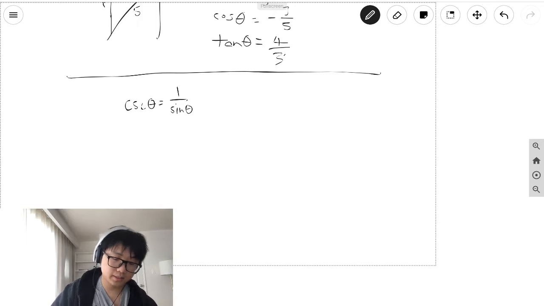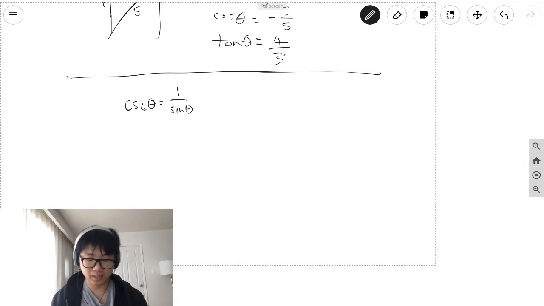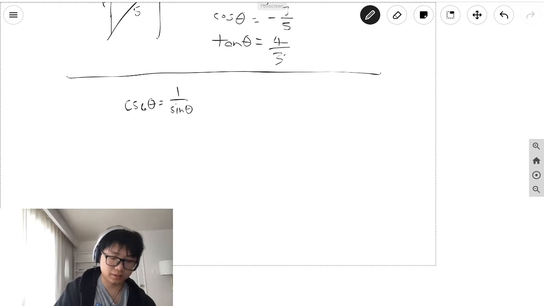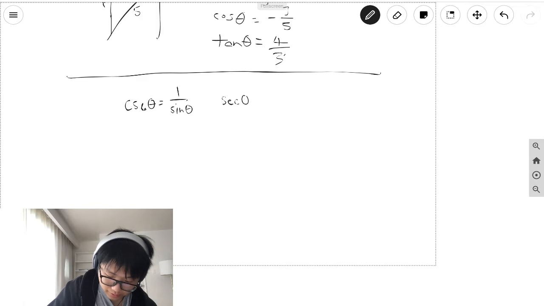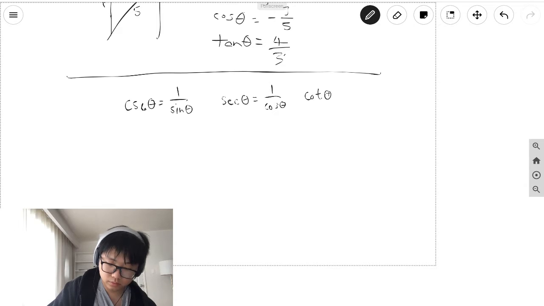So I don't know why cosecant pairs with sine, because cosecant sounds like it's more like cosine to me, but it's the opposite. And then secant, which sounds like sine, is actually 1 over cos theta. Have you heard of these ones yet? Yeah, so you are covering them.